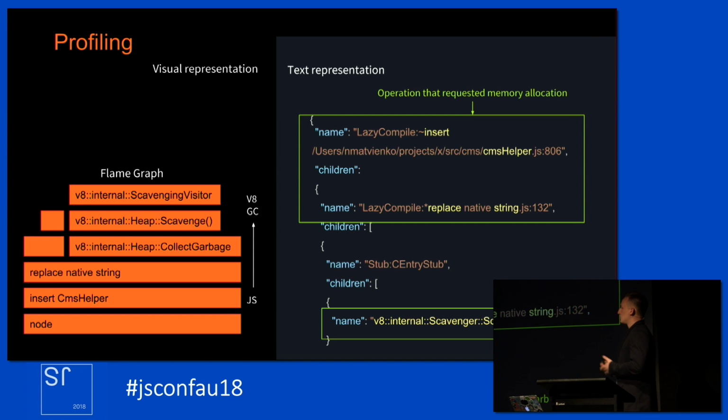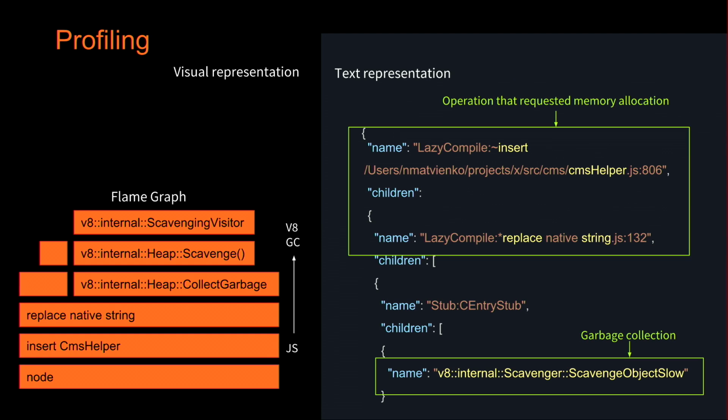And how do we track which operations require memory allocation? As we know, Node.js profiling results, the traced stacks, are a mix of JavaScript functions and native V8 functions. So why not just keep track all the way back from garbage collection function calls to JavaScript?